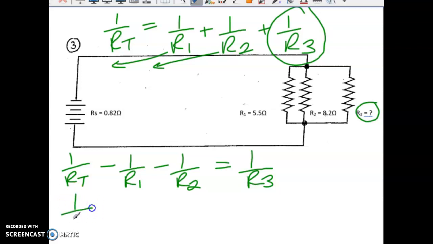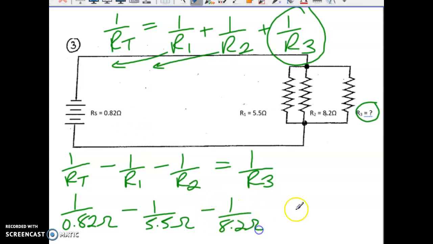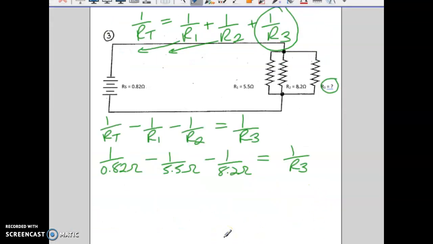Okay, so this is 1 over 0.82 ohms minus 1 over 5.5 ohms minus 1 over 8.2 ohms is equal to 1 over R3. So when we divide this out, 1 divided by 0.82 gives us 1.2195, minus 1 divided by 5.5, 0.182, minus 1 divided by 8.2, which is 0.122.